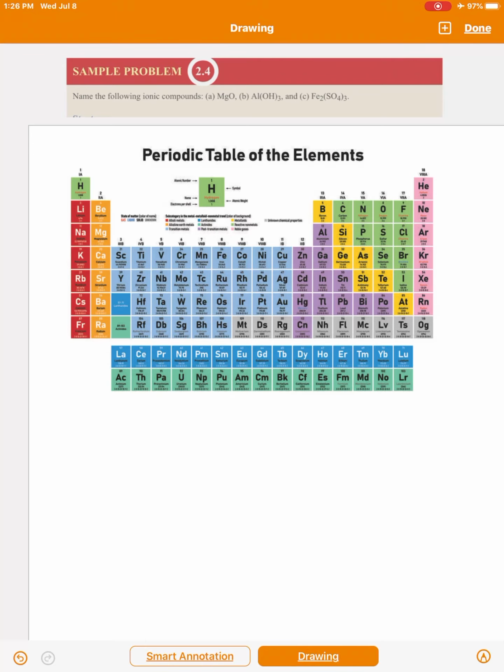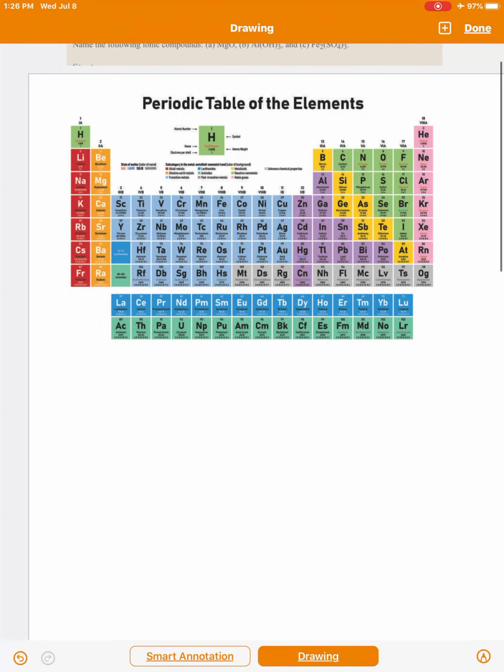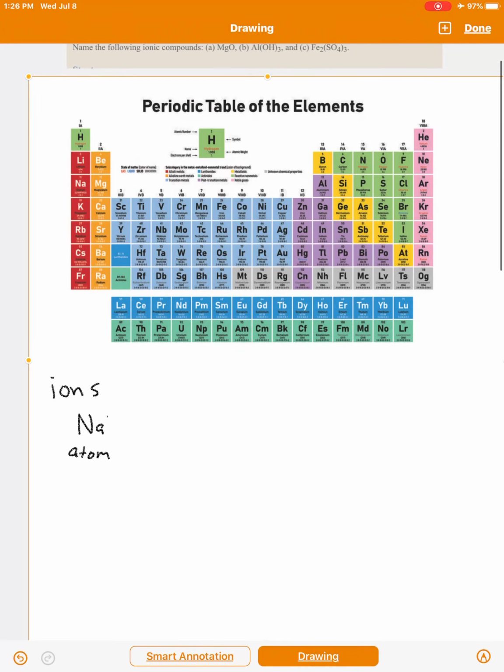Ionic compounds are composed of ions. Ions are charged particles. So for example, if you take a sodium atom, this is an atom, and you remove an electron.